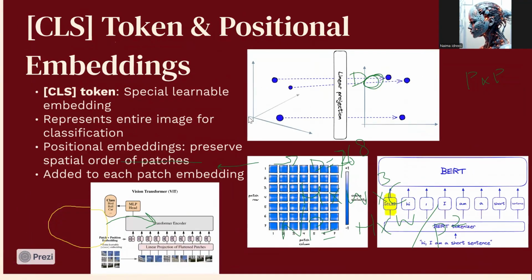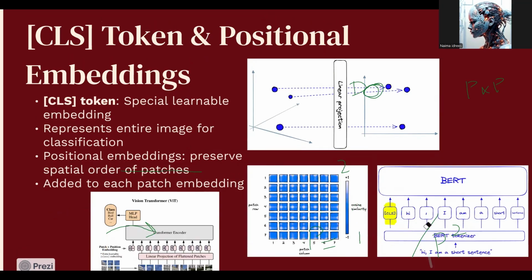So for the transformer encoder, we input the sequence: the class token, the patch embeddings, and the position embeddings.